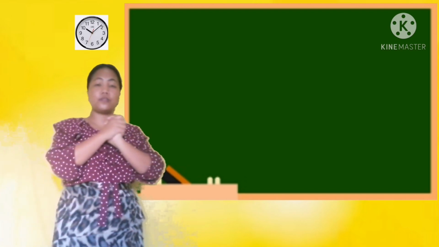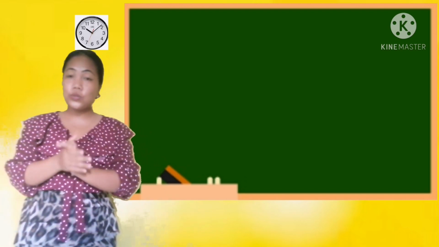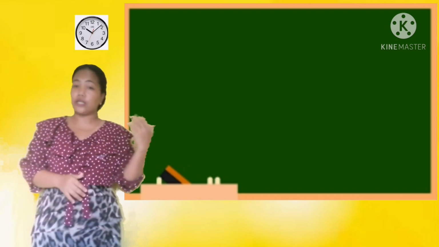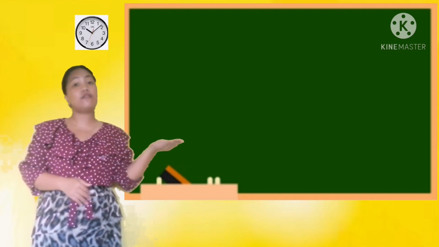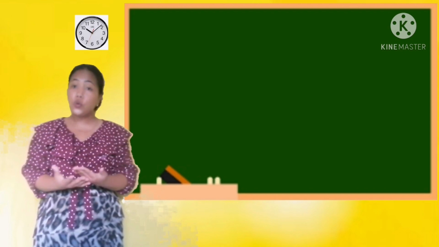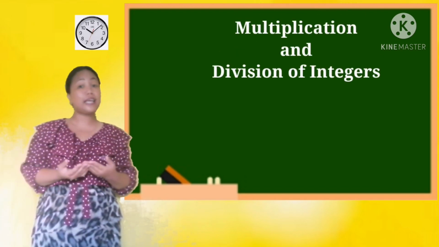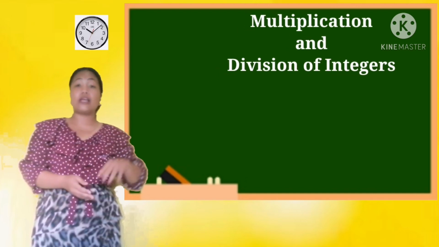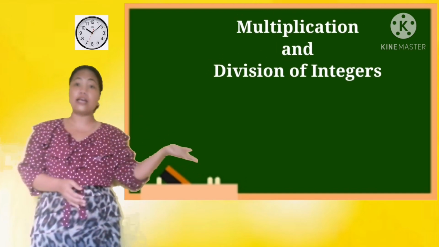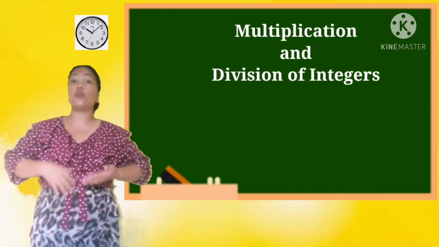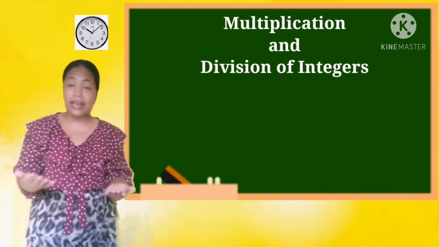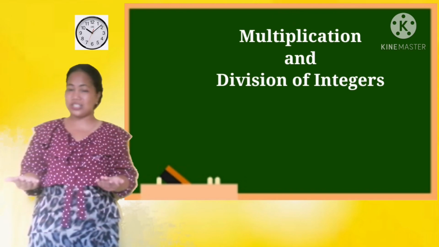Now, let's proceed to our topic for today. We have already done addition and subtraction of integers. Now, we are going to multiplication and division of integers. If we have rules in adding and subtracting integers, then we also have rules for multiplying and dividing integers.